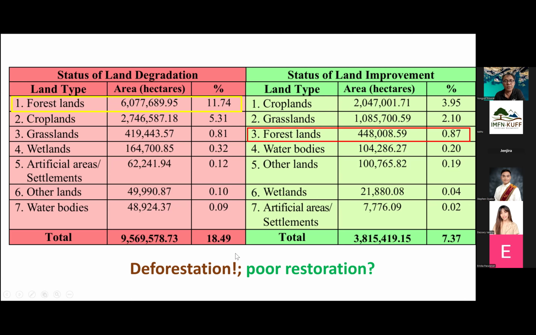So this table on the left and on the right imply that deforestation or forest degradation is the main driver generating land degradation. But the restoration of the degraded forest is very poor, a very low percentage, about 1 to 7%.